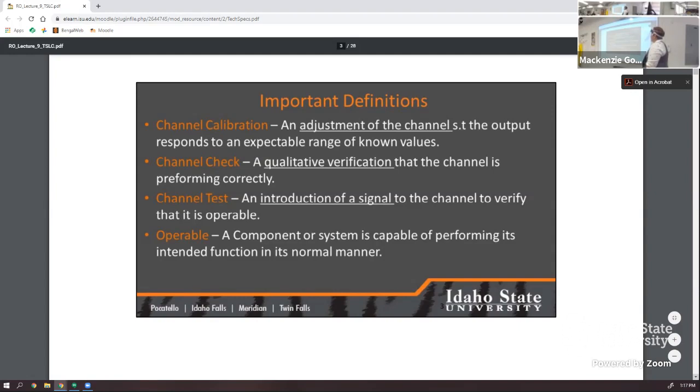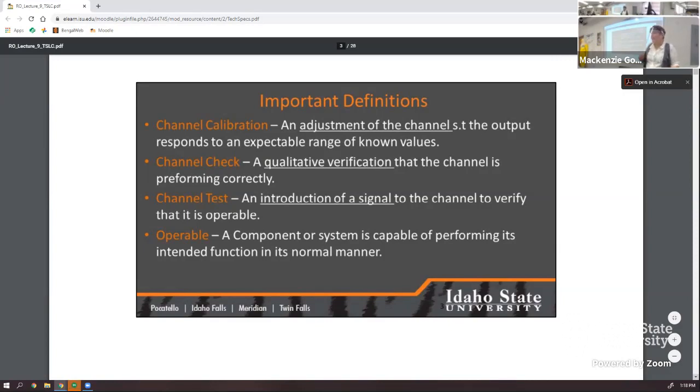So, channel calibration. An adjustment of the channel so that the output responds to an accepted or expected range of known values. Calibration is the only time you can actually change the channel.